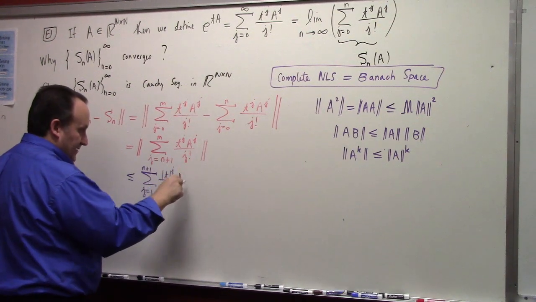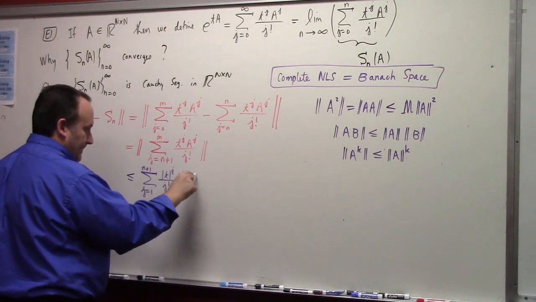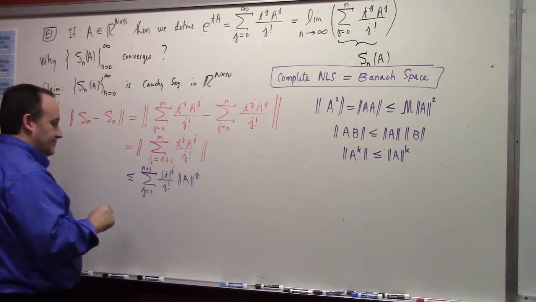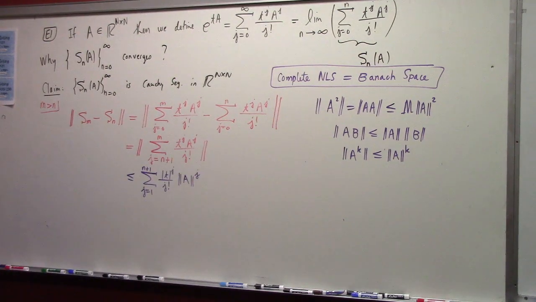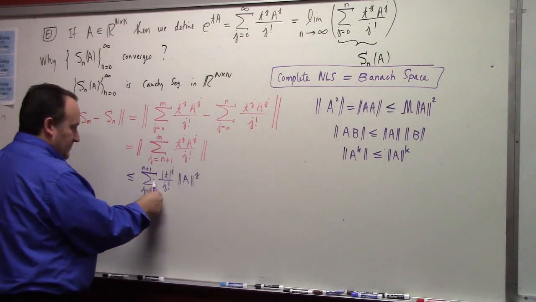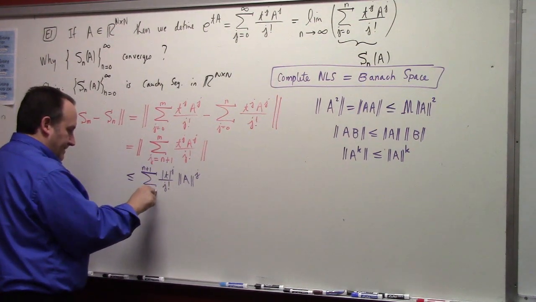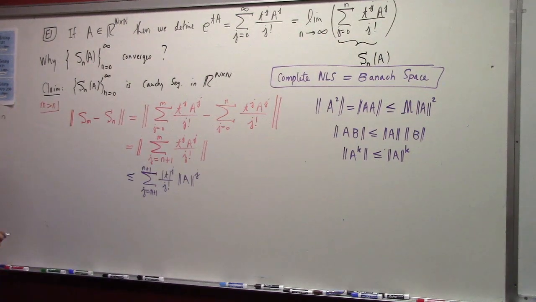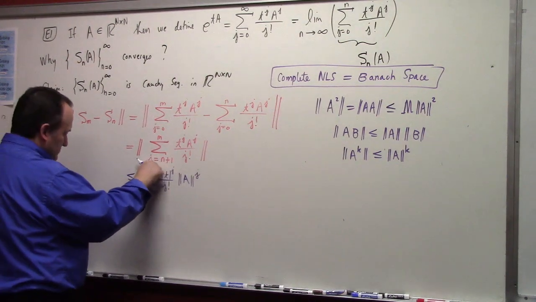So we have the norm of a to the power j. Why do we have j equals 1 now? Oh, that's a good question. I should have put n plus 1. Sorry about that.